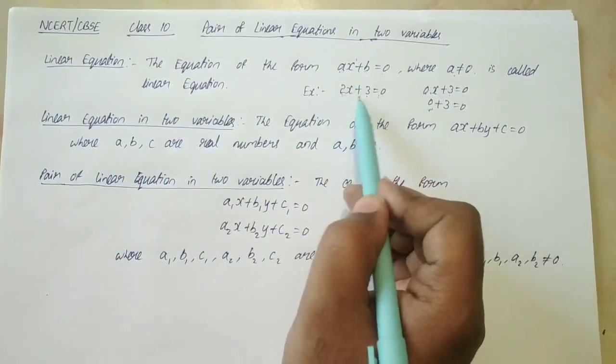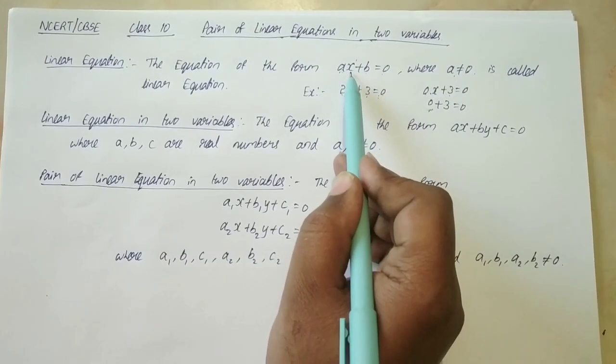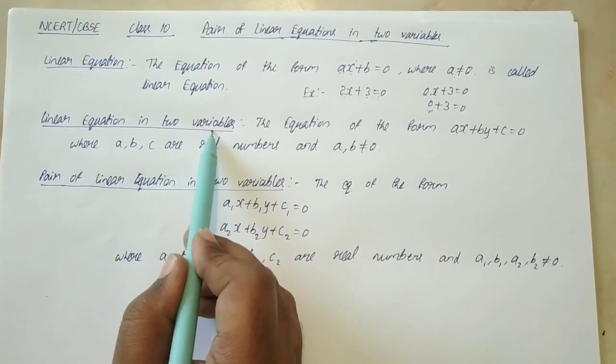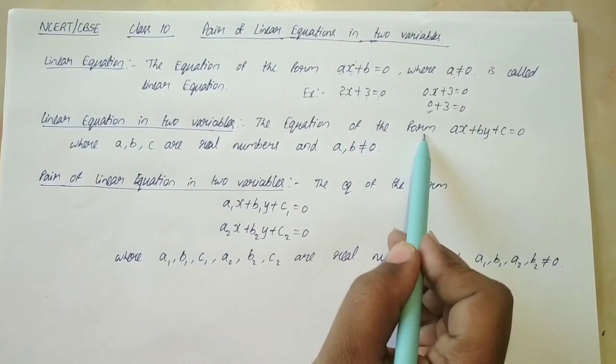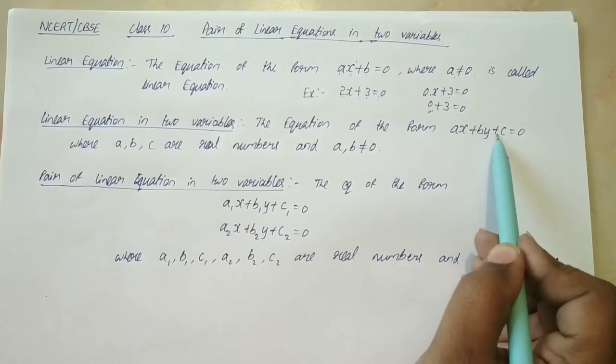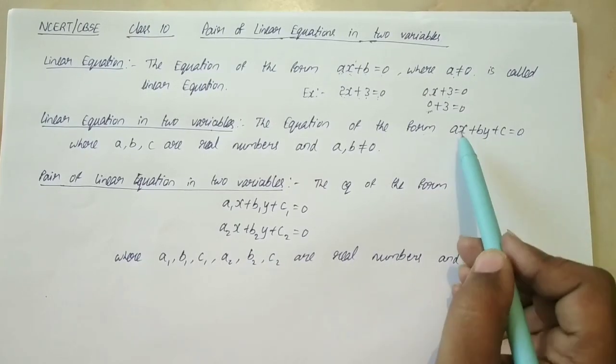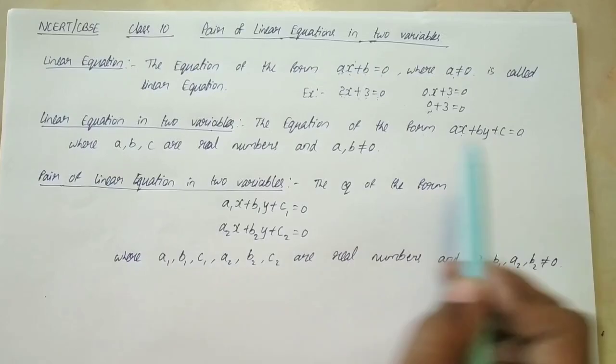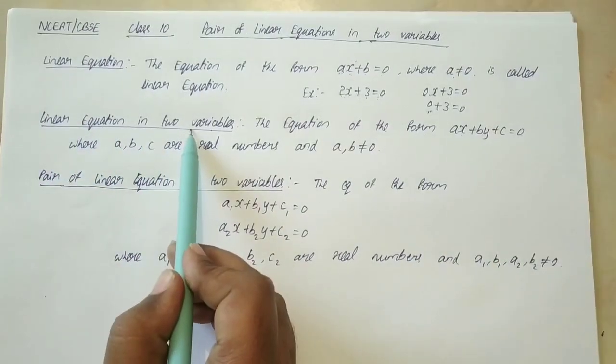Here we talked about linear equation in only one variable, right? We have only one type of variable here. Now we are talking about linear equation in two variables. The equation of the form ax plus by plus c is equal to 0. Here we have two variables, x and y, so we call it a linear equation in two variables.